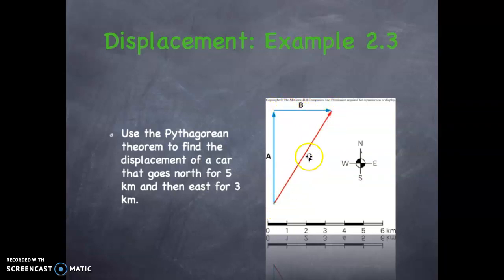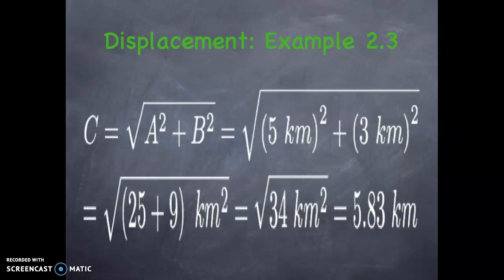But C then is the resultant of adding in a vectorial manner vector A and B. It turns out then that with the use of the Pythagorean theorem, we can find the length of C if the lengths of A and B are known. Here is an illustration of that.